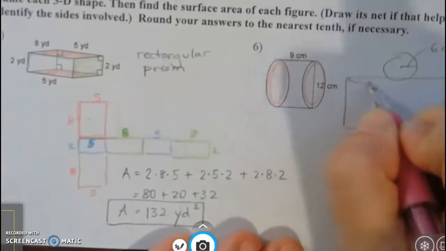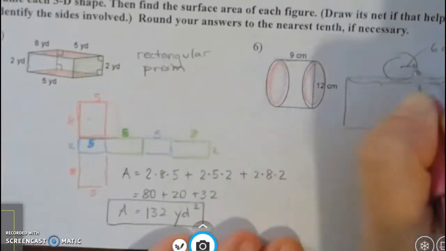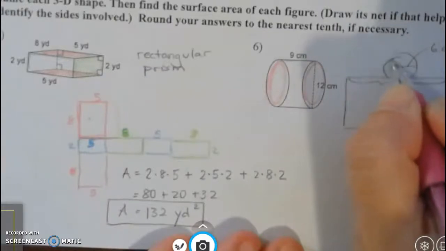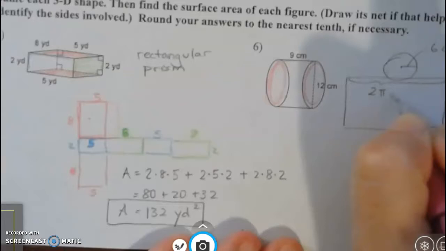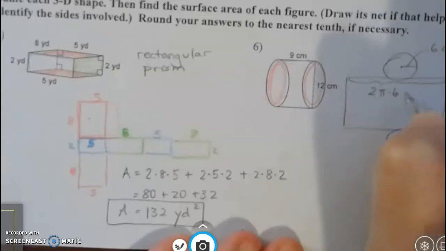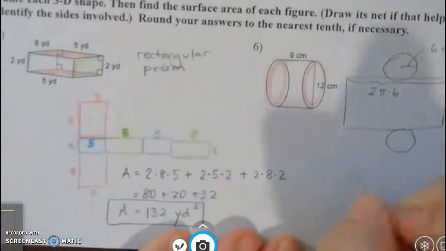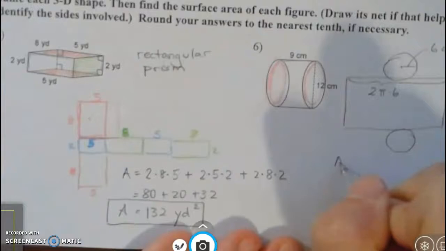Okay, what about this length? This length is going to be wrapping around the circle. So it's going to be 2 times pi times r, which is 6. So it's 12 pi. Alright, so then what is the total surface area?